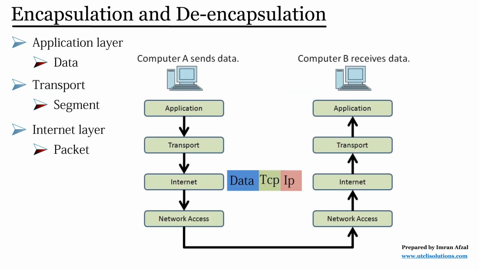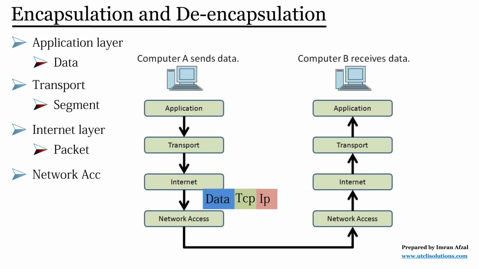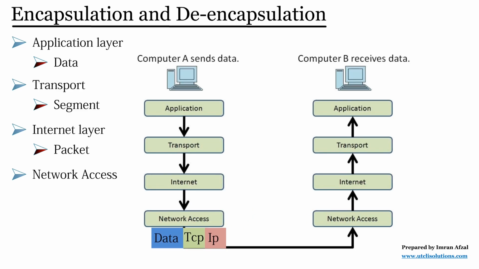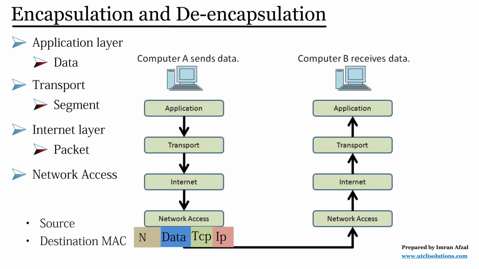The packet is then passed to the network access layer. This layer prepares the packet for transmission on the local network. It adds a header and a trailer to create a frame. The header includes source and destination MAC addresses, which identify devices on the same local network.